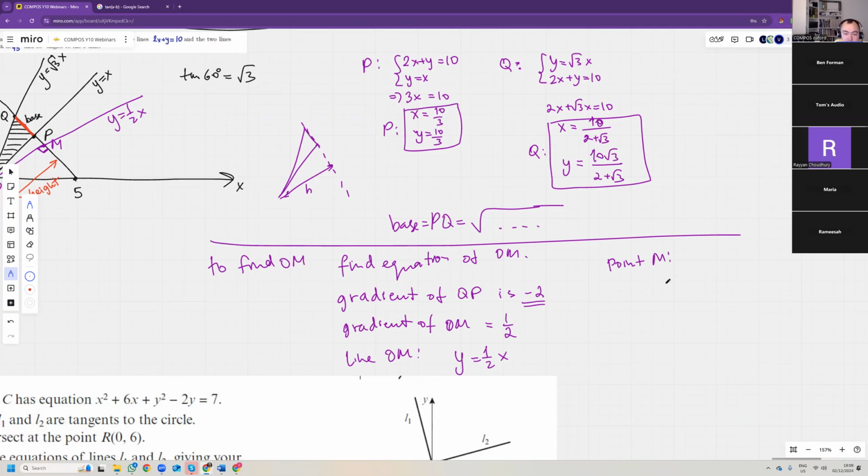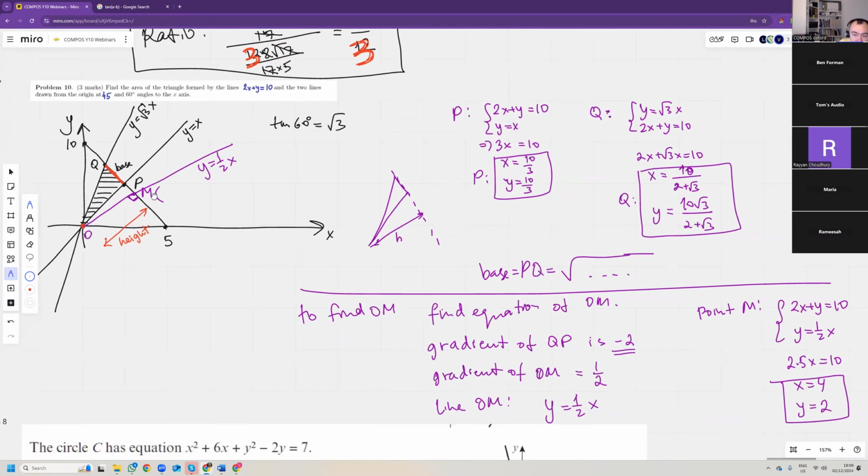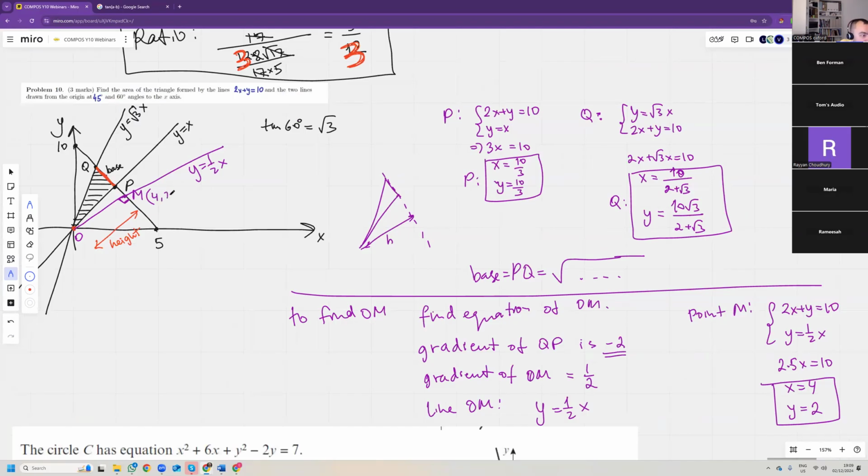M is the intersection of 2x plus y equals 10 and y equals 1/2 x. So 2.5x equals 10, x equals 4, y equals 2. Okay, so we have point M, which is 4, 2. We have point P, which is 10 thirds, 10 thirds. And we have point Q, which is just plain awkward, but it's there.